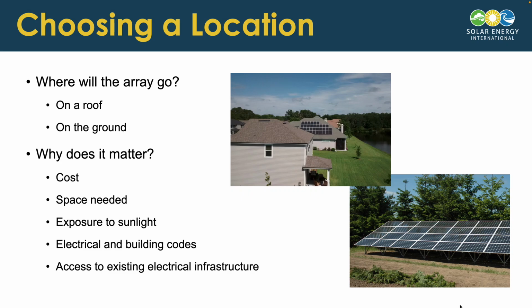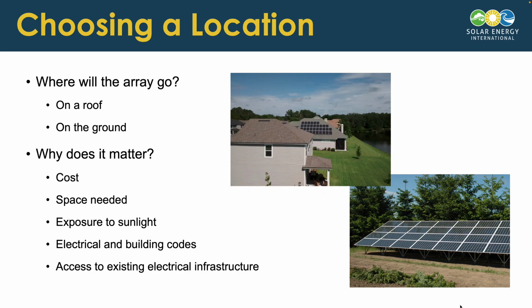Do we have codes based on our either electrical standards, city, county, country, municipality decisions that will affect where we can or cannot put the solar array, and that might dictate a certain location. And then access to existing electrical infrastructure.